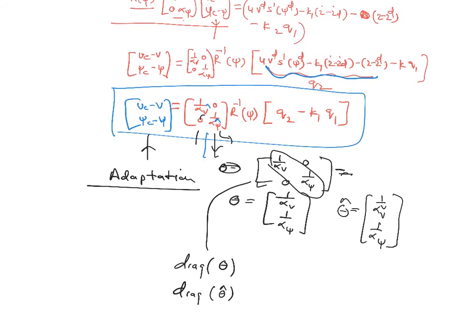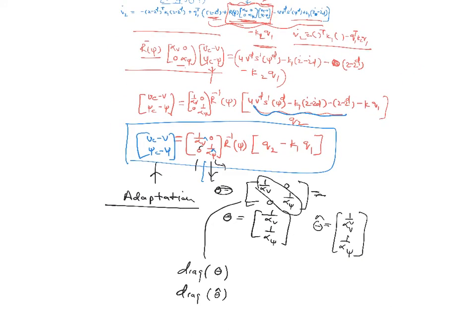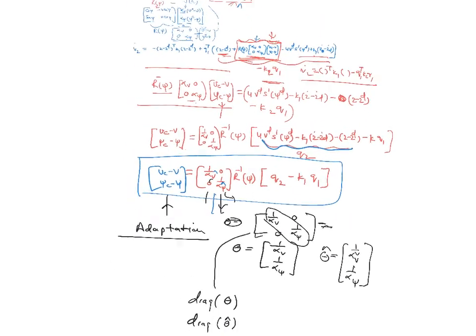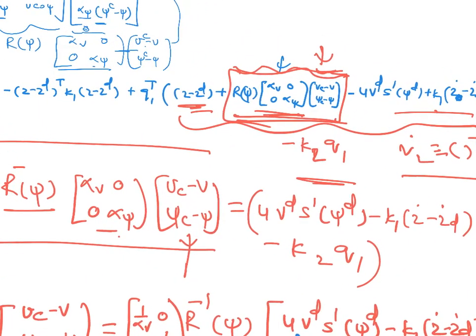So just having said that, coming back to V2 dot, right? Where is my V2 dot? Yes, here. So we can add and subtract.